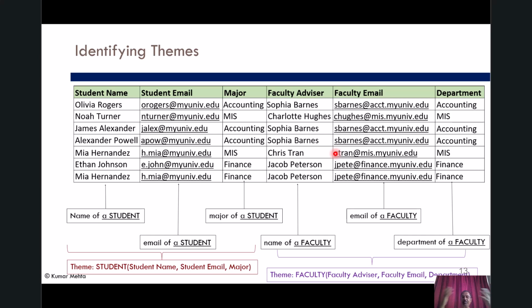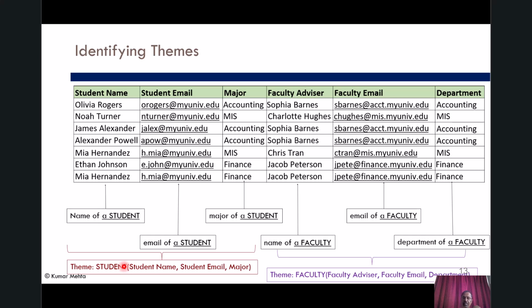So my first cut at identifying one theme in the list is a theme called student, and the properties, the columns that make up that theme, would be student name, student email, and major, and I would give that theme a name, in this case, student.